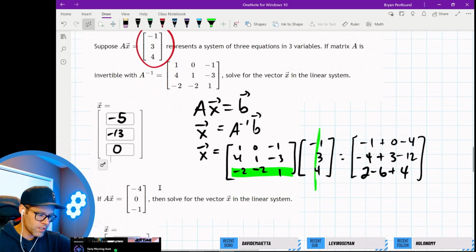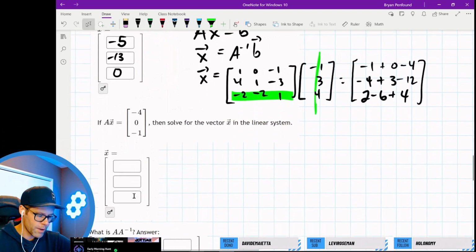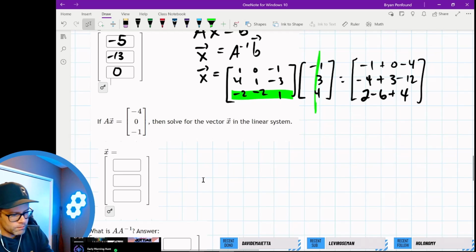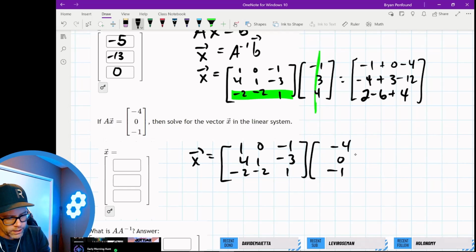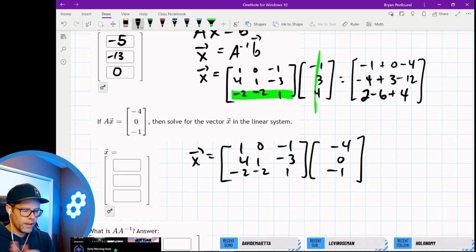So we should be able to do the same thing realistically for the second part here. We know that x should be equal to A inverse, which we know is 1, 0, negative 1, 4, 1, negative 3, negative 2, negative 2, 1. And we can take negative 4, 0, negative 1 as our B vector and just do this multiplication.